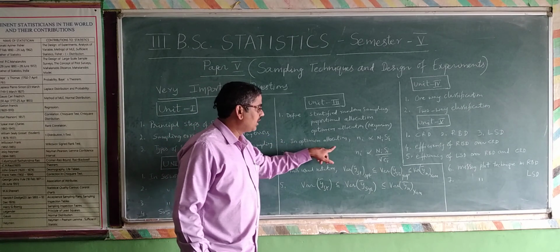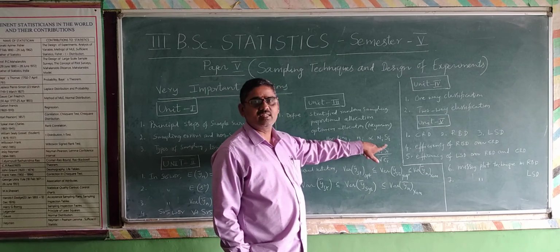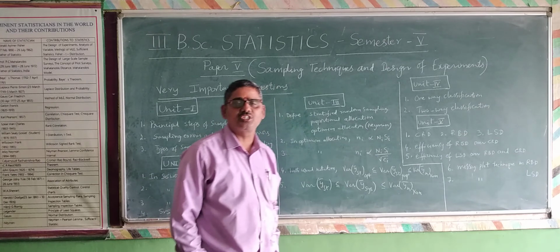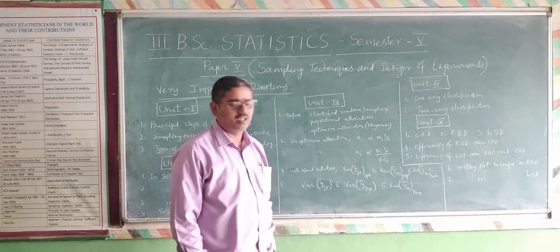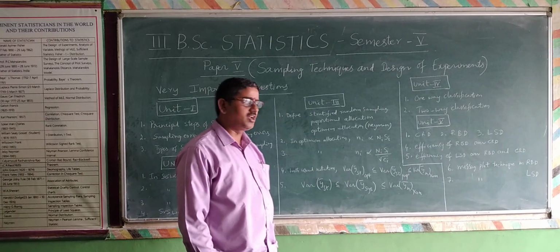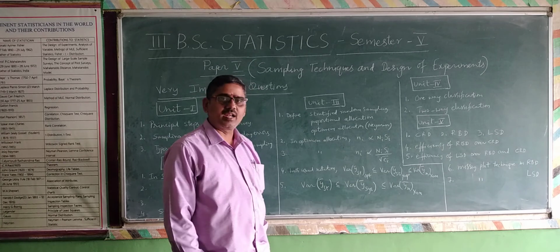Secondly, you read optimum allocation. You have two theorems. n_i is proportional to N_i S_i: variance of y bar st is minimum for fixed sample size n if and only if n_i is proportional to N_i S_i.